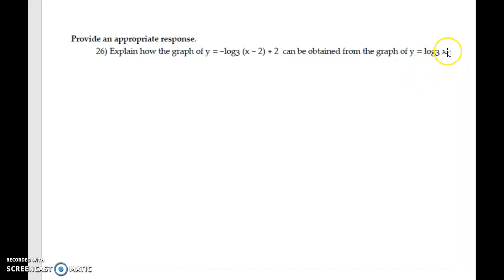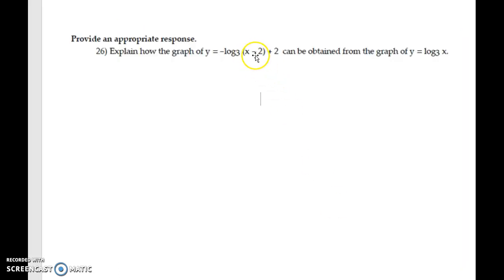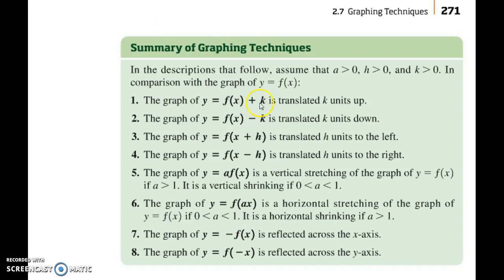If we add something inside the function where the x is, or subtract it, here we're subtracting 2. Subtraction means we move it that many units to the right, so we're going to move our graph 2 units to the right. And then outside the function, if we add 2, adding 2 means it's translated 2 units upward.